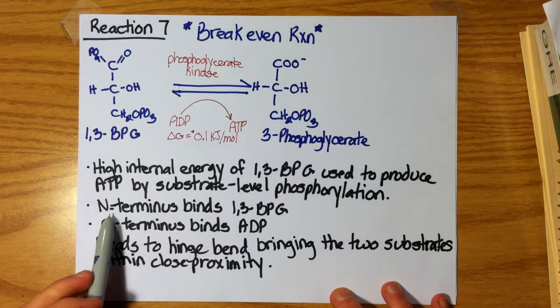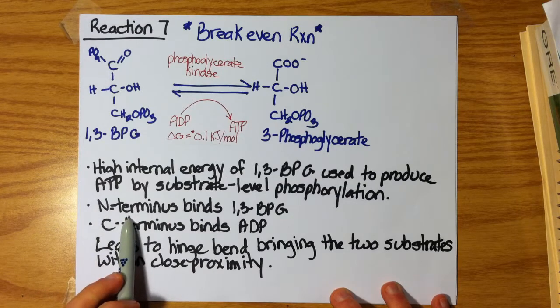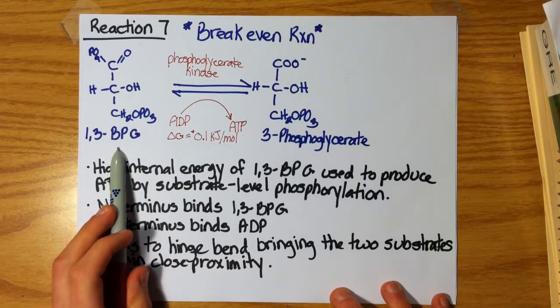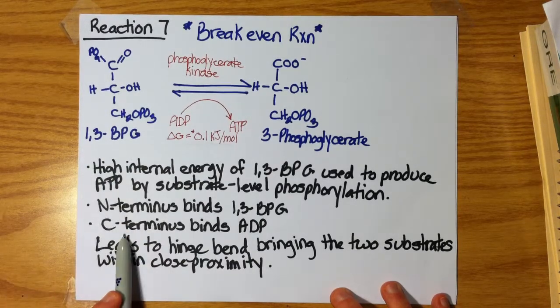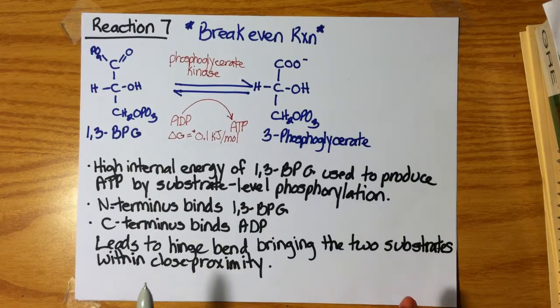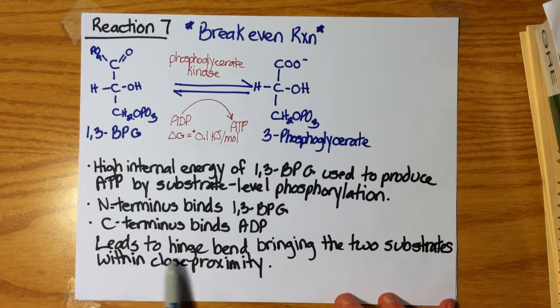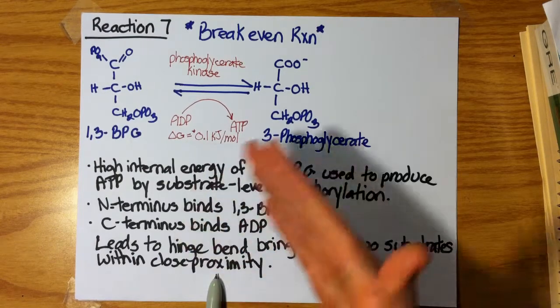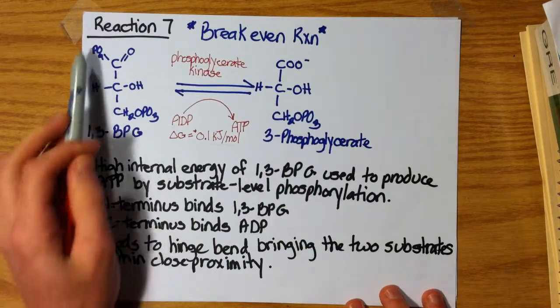So this just describes how the enzyme is laid out and works. At the N-terminus we have 1,3-bisphosphoglycerate binding, and at the C-terminus we bind ADP. Upon them both binding, we get a conformational change. The two are brought close together where the chemistry happens. We get a hinge bend, bringing the two substrates close in proximity so the chemistry can occur.